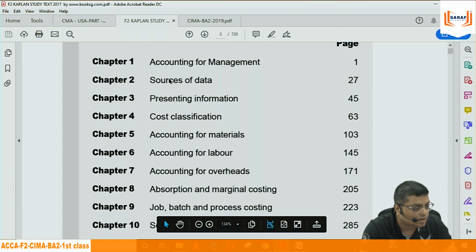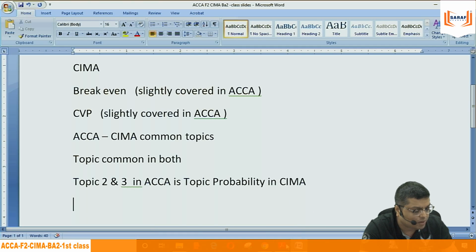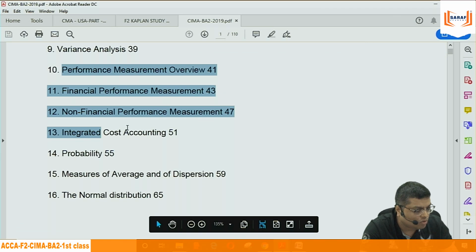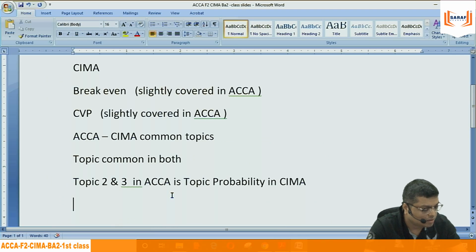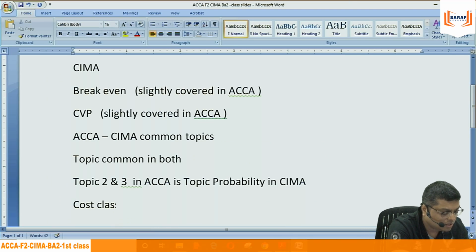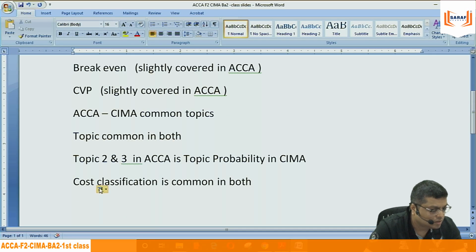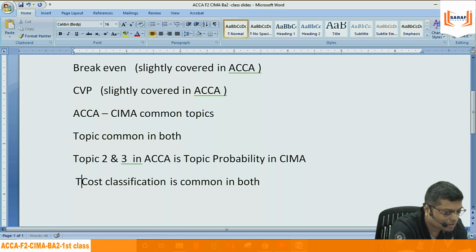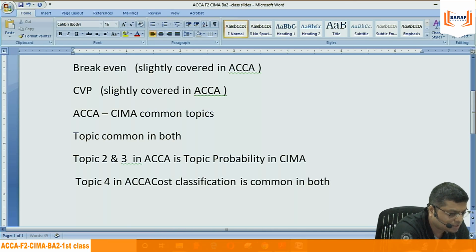Then cost classification, topic 4, and here cost classification and behavior. Cost classification is common in both. Topic 4 in ACCA.